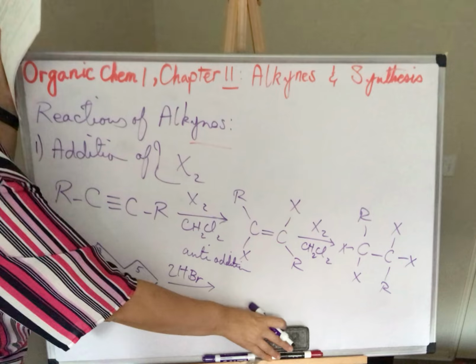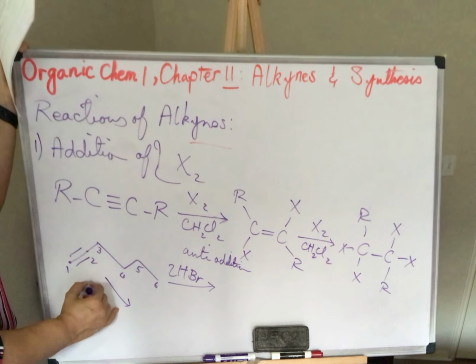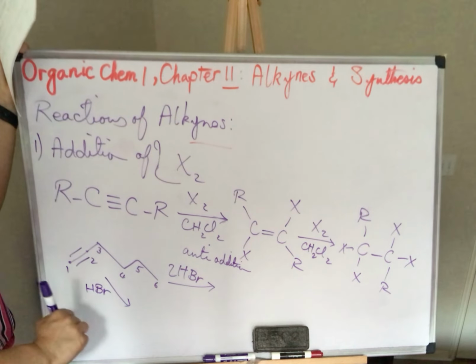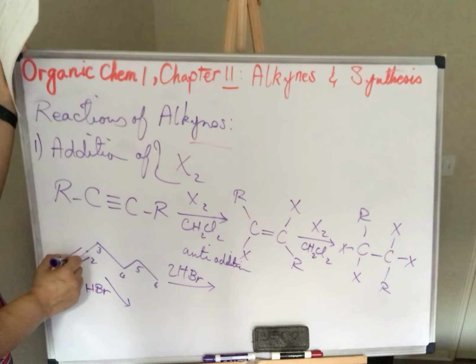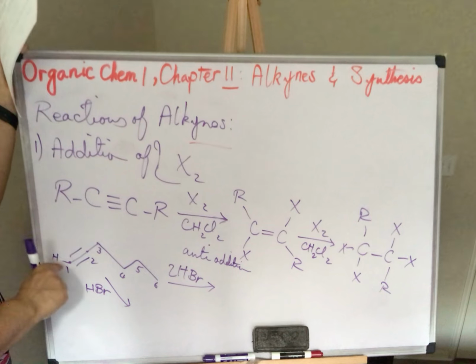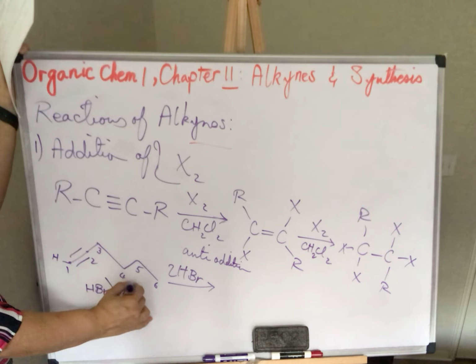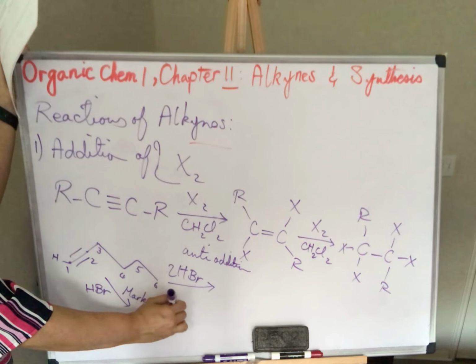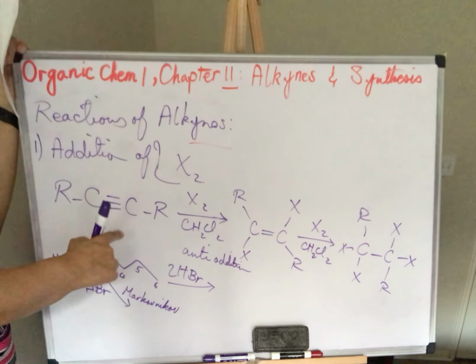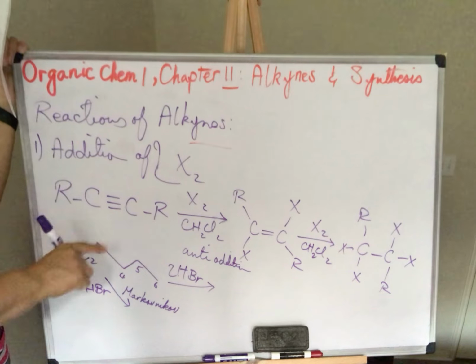Feel free to draw the first one with 1 HBr first, especially at the beginning when you are working on the reaction. So this one has 1 invisible hydrogen, right? So this is the hydrogen-rich carbon. It's a Markovnikov reaction.